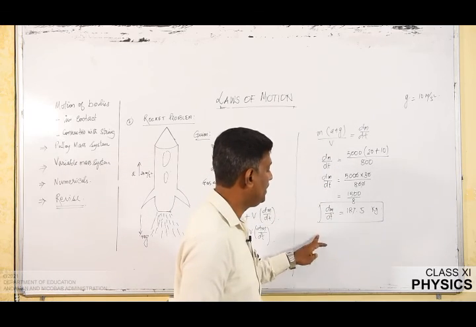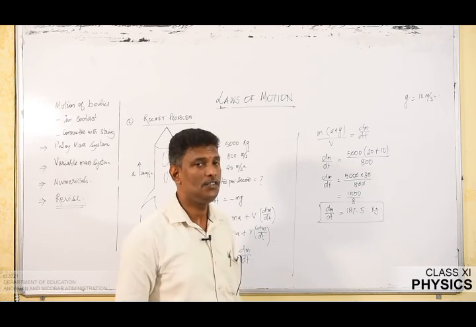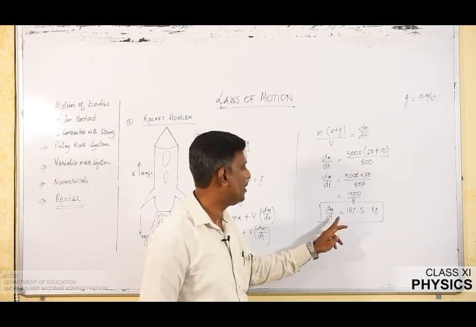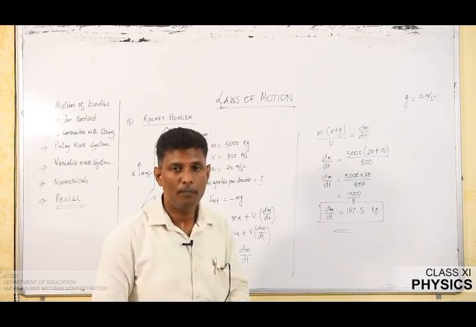That is dm by dt is equal to 187.5 kg, that is the rate at which the mass is reduced. So, we can solve such type of problems.